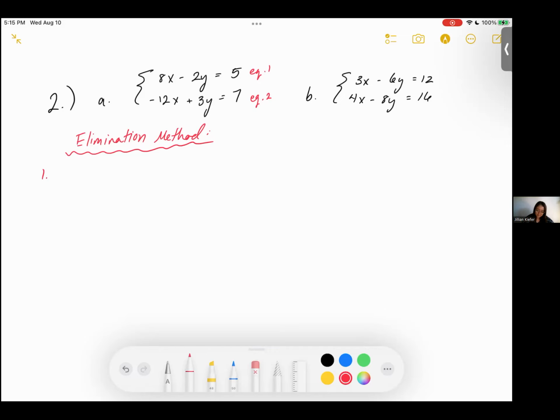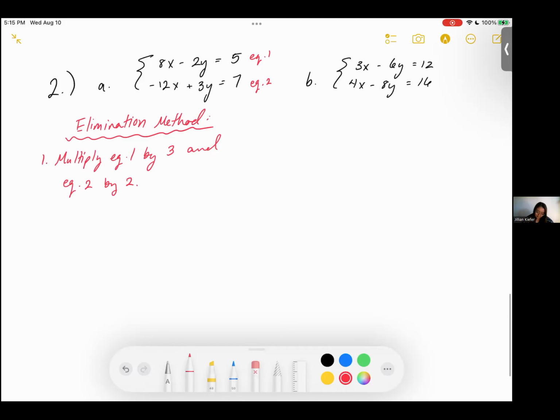So what we're going to do here is multiply equation 1 by 3 and equation 2 by 2. That's what we're doing here.